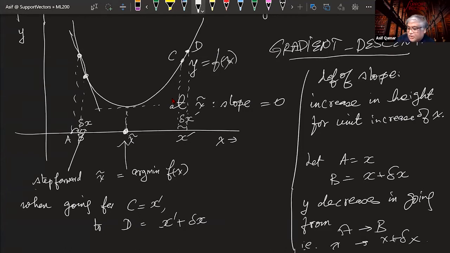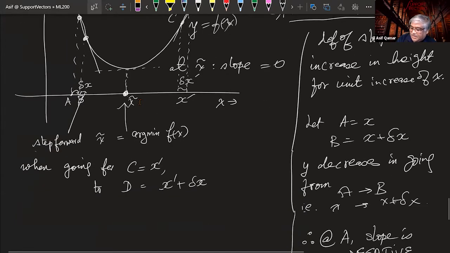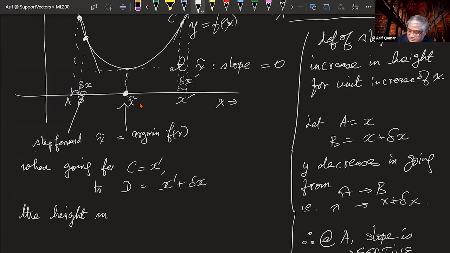Do we increase or decrease in height? What did we agree? It increased. So we went up, the height increased. So slope is positive.